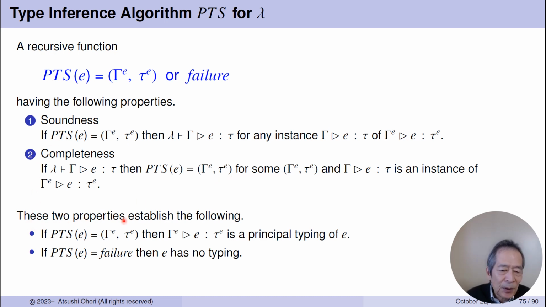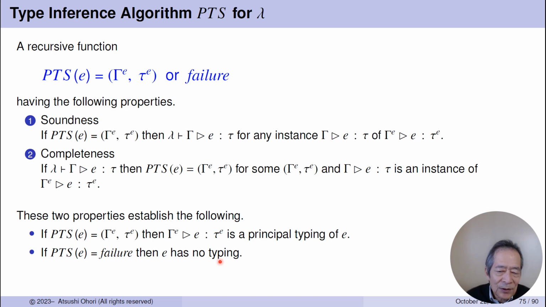So these two properties establish the following. First, if PTS of E returns a typing, then this returned typing is a principal typing of E. That is, this returned typing represents the set of all possible typings of E. If PTS returns failure, then E has no typing.